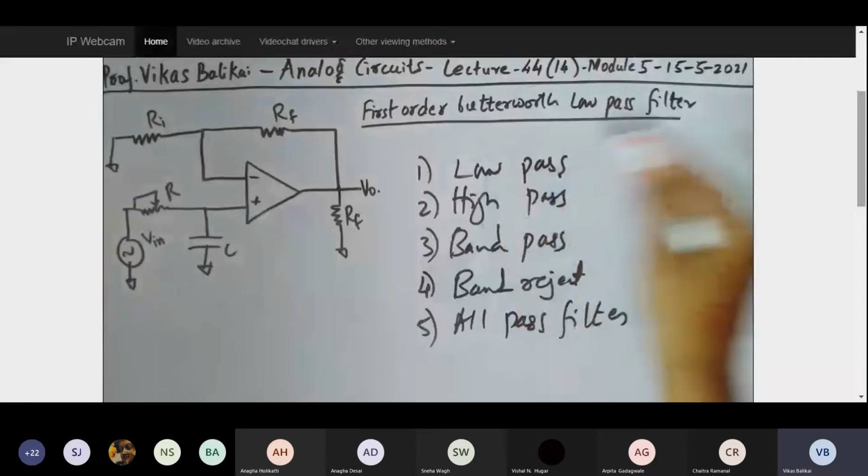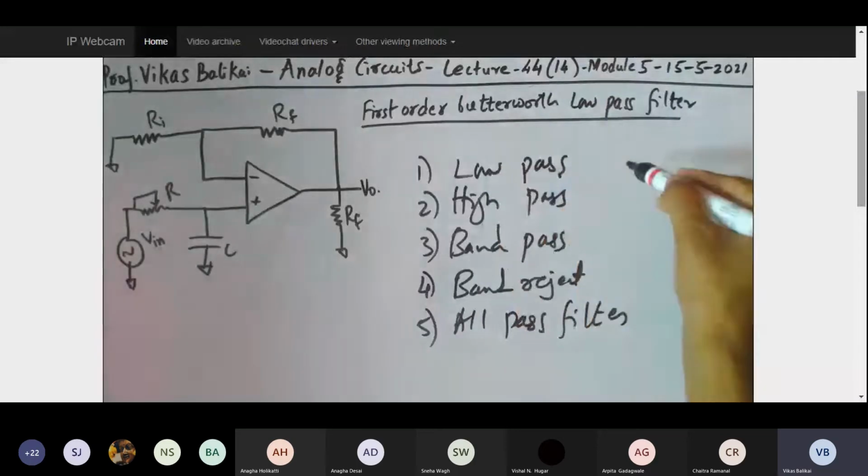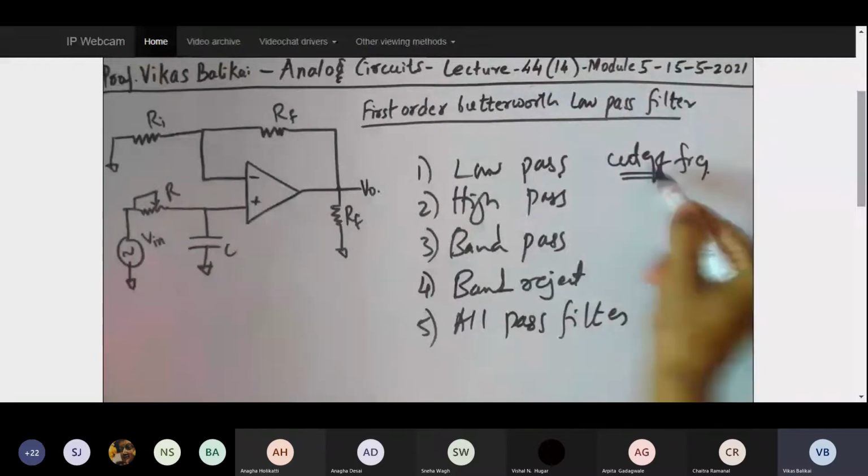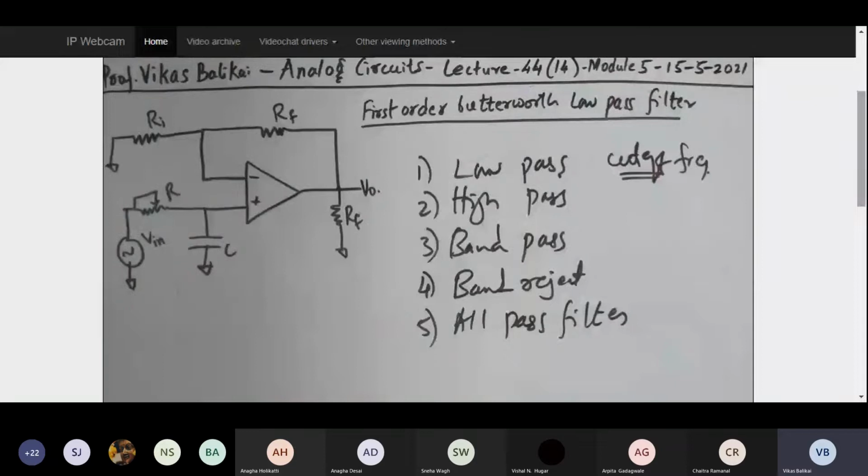It means that I am going to set some cutoff frequency. So this will be my cutoff frequency. Within this cutoff frequency, whatever frequencies are coming, we call them low pass or low frequency signals. And beyond that frequency, whatever signals are coming, I am going to call them high frequency signals. Let's say FL is equal to 100 hertz.